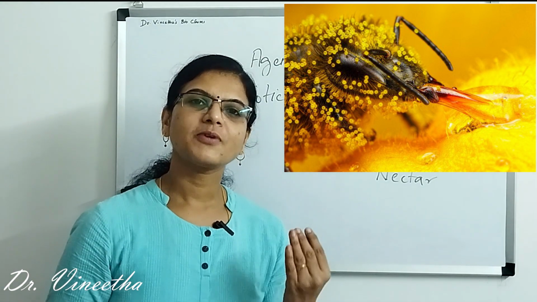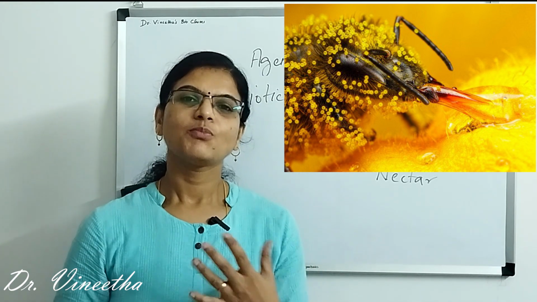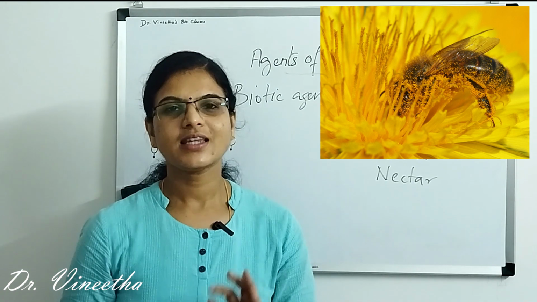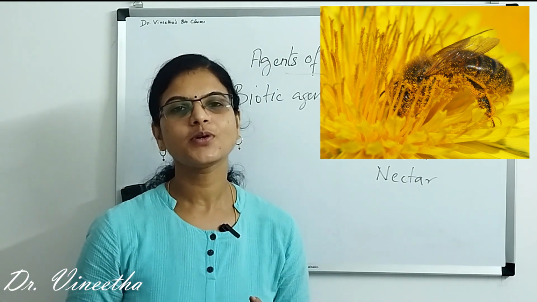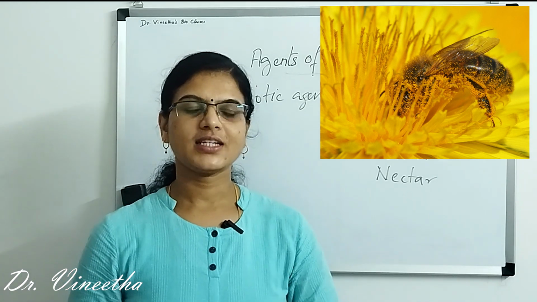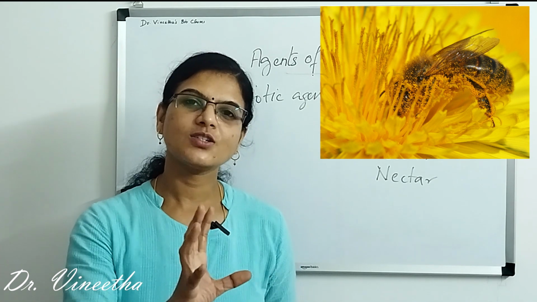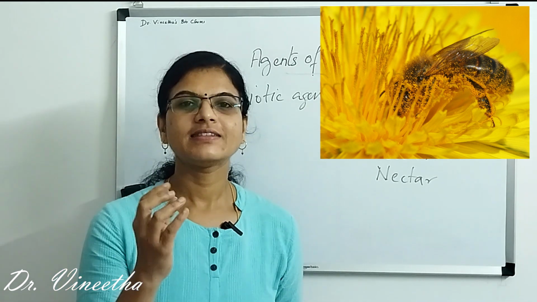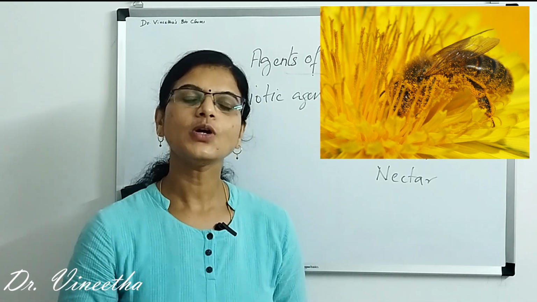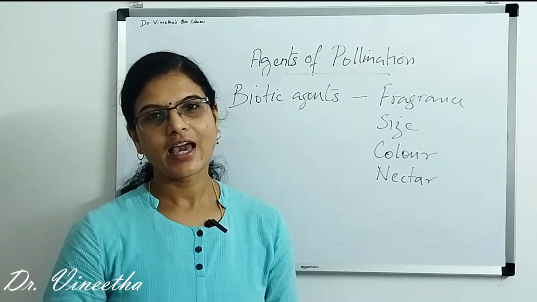So this nectar or the pollen grains actually is a trap for the insects so that they are attracted to these flowers, and while they come in contact with this flower, the pollen grains get coated onto these animals and these animals bring about pollination. So this is how pollination happens with the biotic agents.